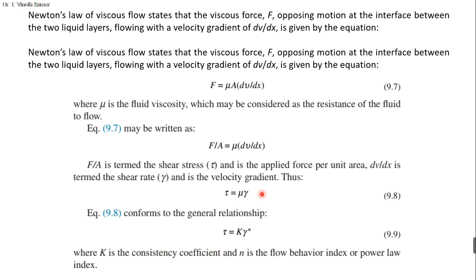The consistency coefficient is related with the fluid viscosity, and it can be related with the n number, the flow behavior index, which pertains only to gamma. So that is why it is K multiplied by gamma power n. That is the formula. This formula you have to remember.